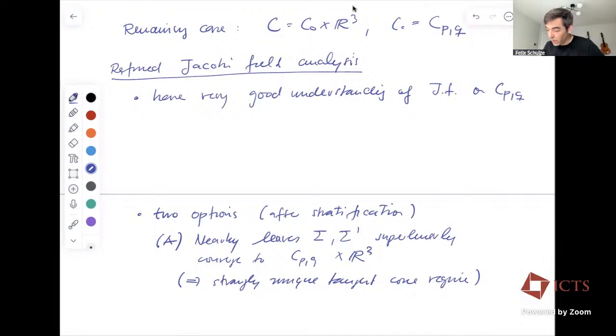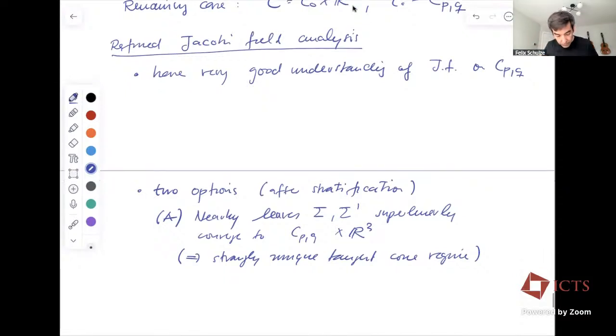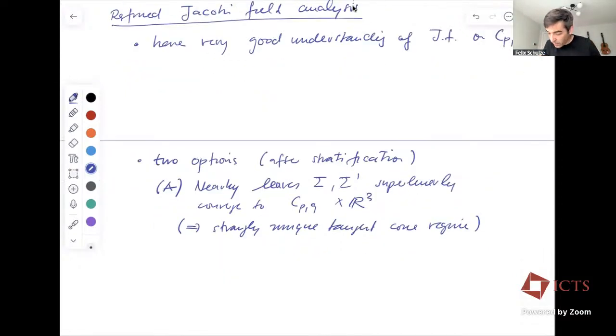There's a dichotomy. Either these two leaves decay faster towards each other with a certain rate. And then you can actually prove this rate is reflected again in this Hölder continuity. Then in this case, you can actually argue that the Hausdorff dimension of the image, you gain a bit in the denominator.